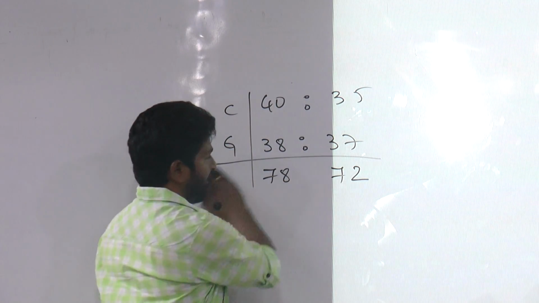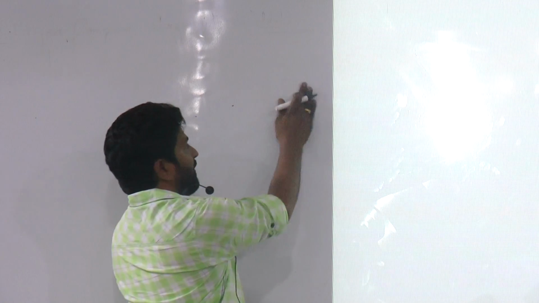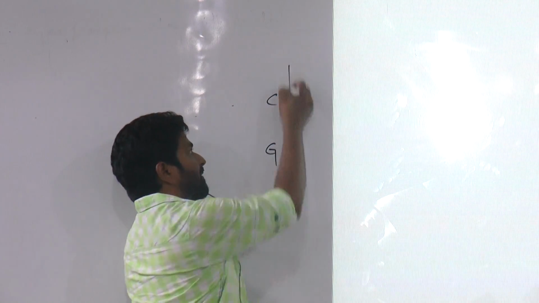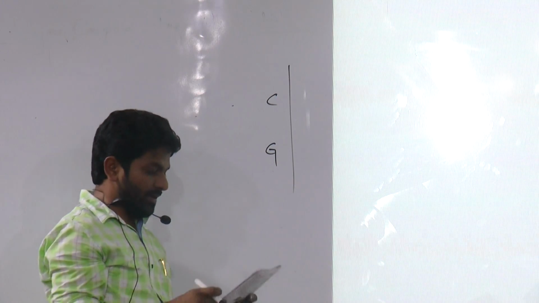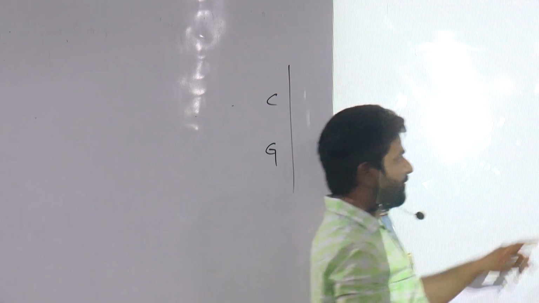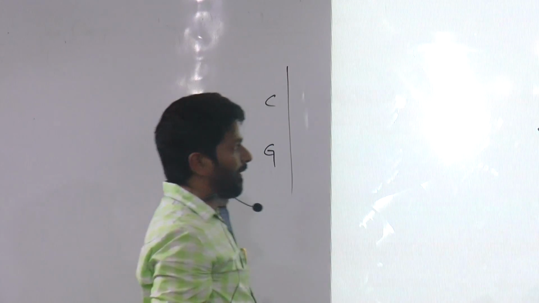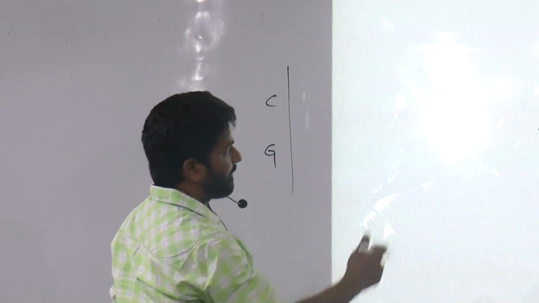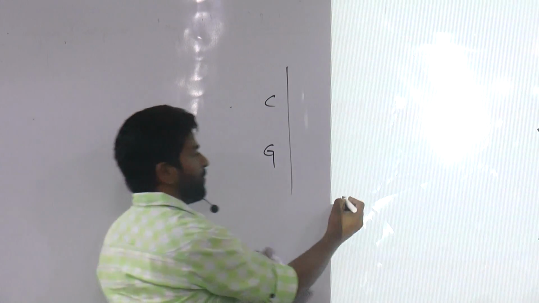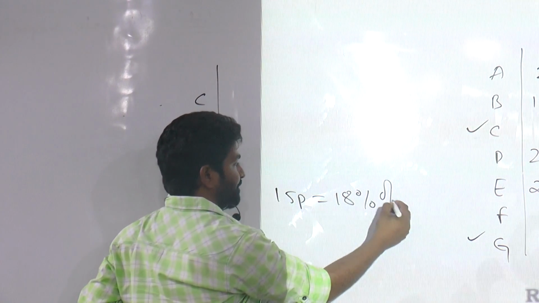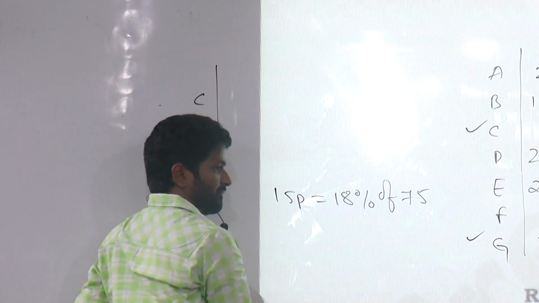Let me verify it. From C, total what percent? 15%, 15 parts. C, what percent? 18%. So 15 parts is equal to 18% of 75.